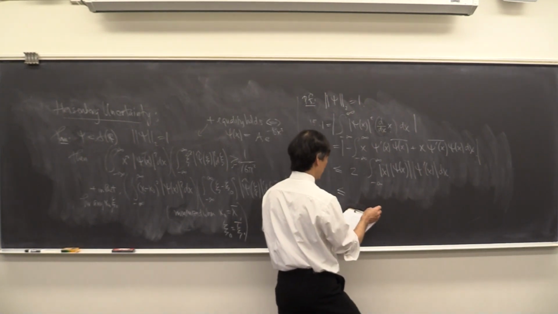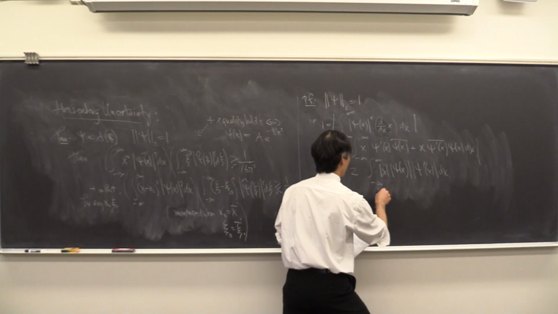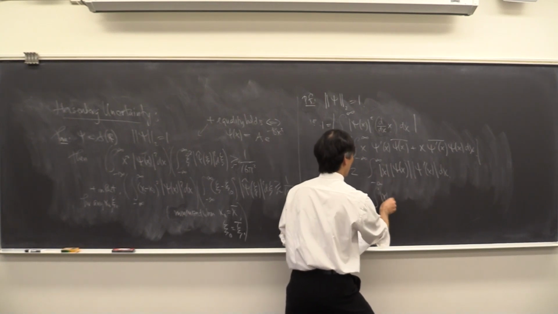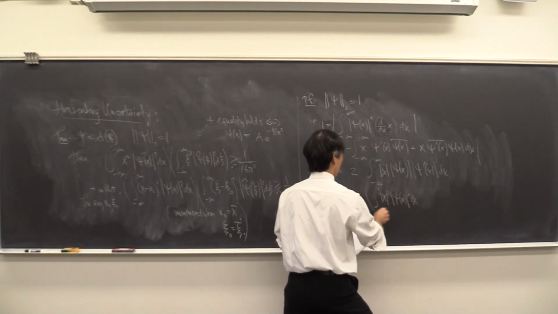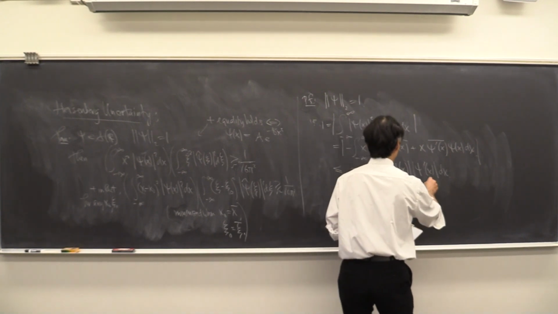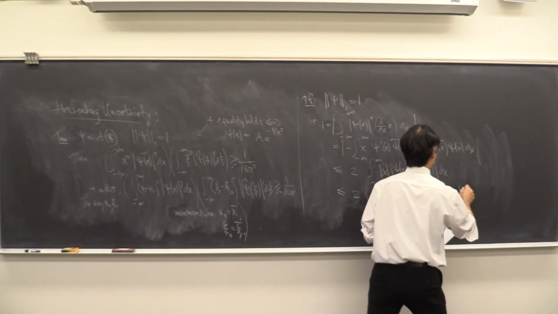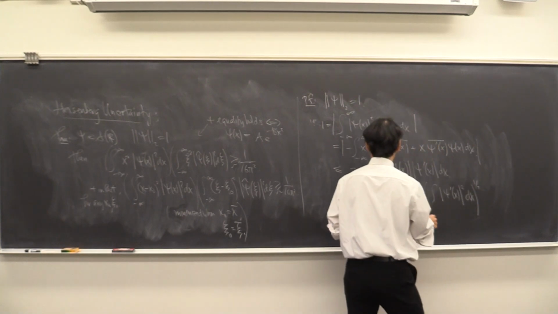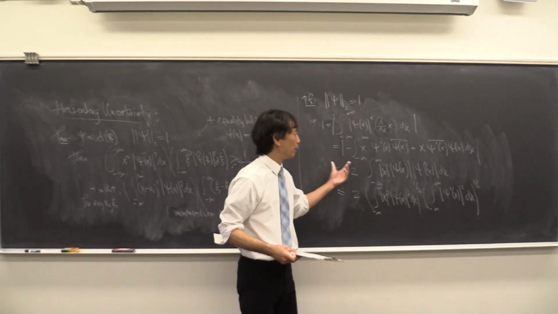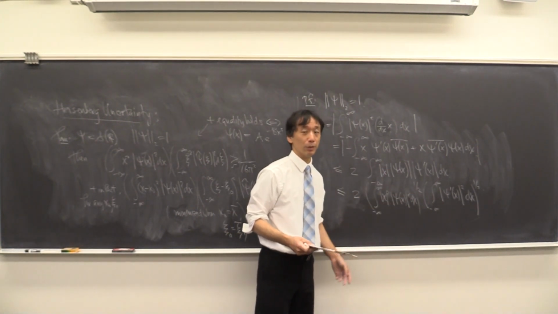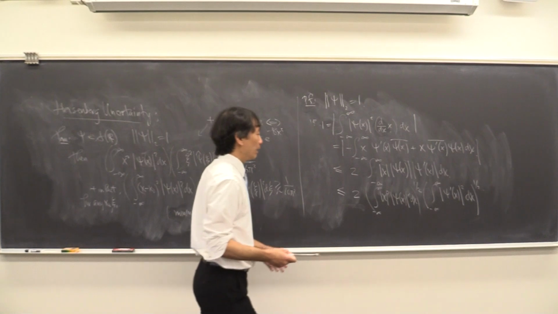That's going to be controlled by the integral of x squared psi of x squared dx to the 1/2 times the L2 norm of this guy. The L1 norm is controlled by the product of the L2 norms. Cauchy-Schwartz inequality.